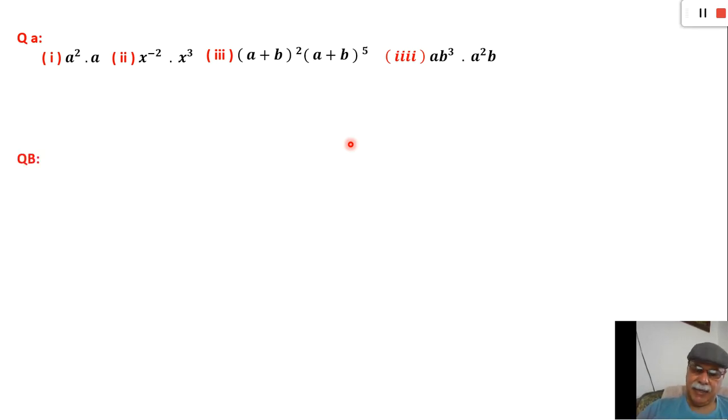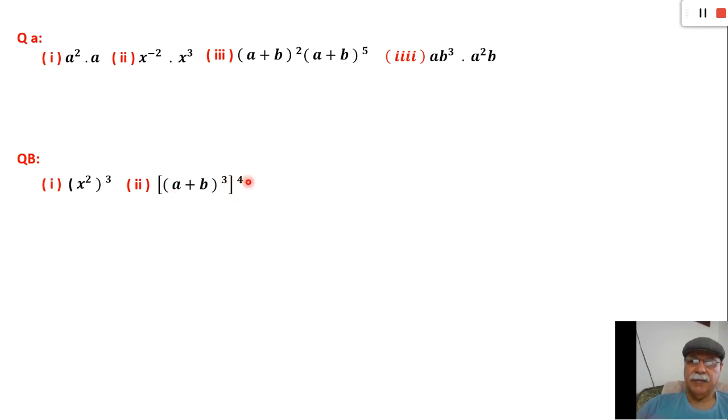The second question relates to the second rule. Here there is a bracket to expand. How do we expand this bracket? By multiplying the power inside the bracket. Part 2 is like this: a big bracket with a small bracket power 3.